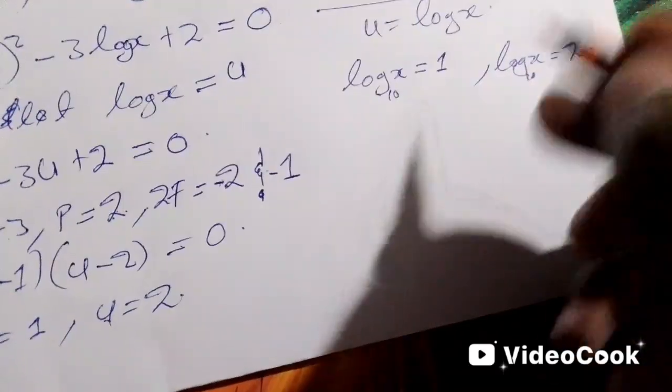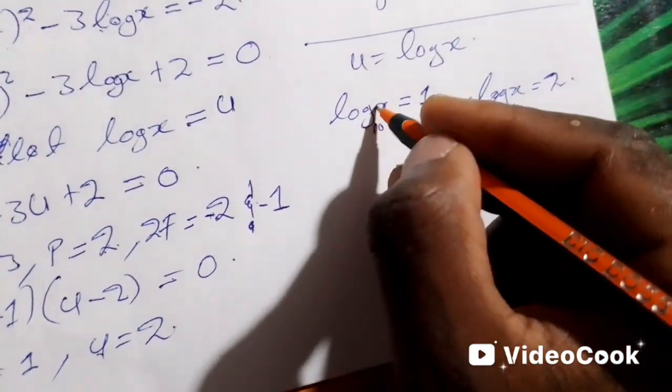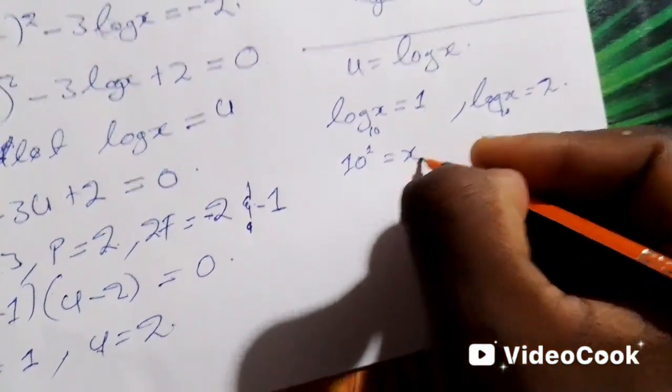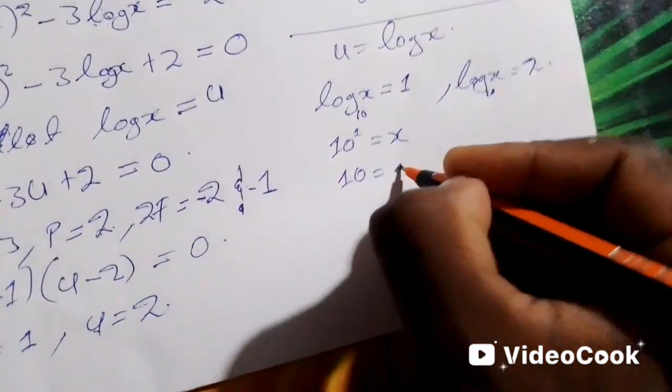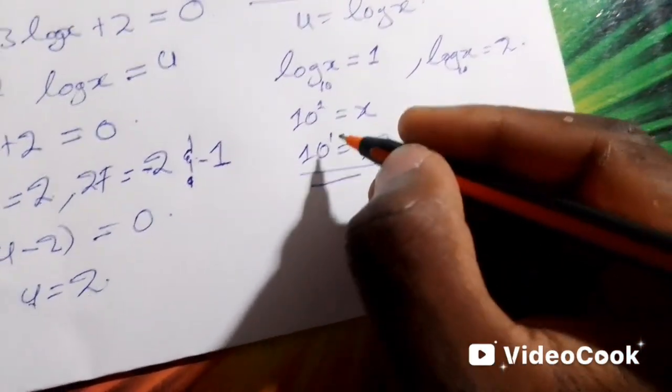So from here we can say this is written as 10 to the power 1 is equal to x, meaning x is equal to 10.